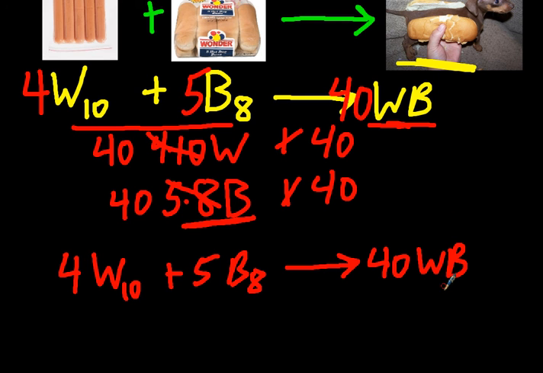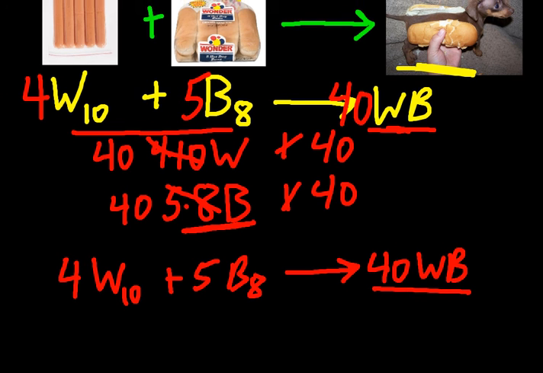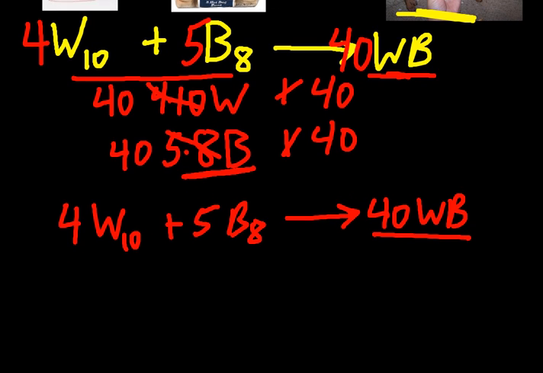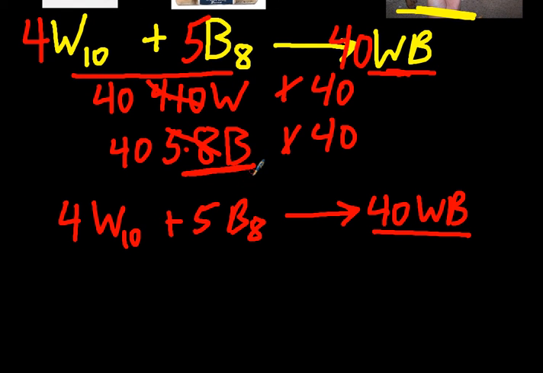And to make 40 hot dogs, we need 4 packages of weenies and 5 packages of buns. Another way of saying this is, in our weenie bun reaction, for every 4 packages of weenies, we have 40 hot dogs.